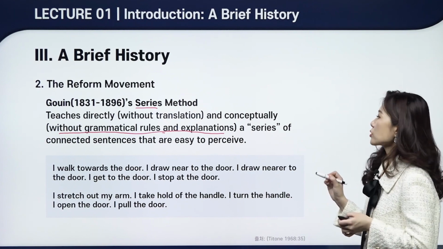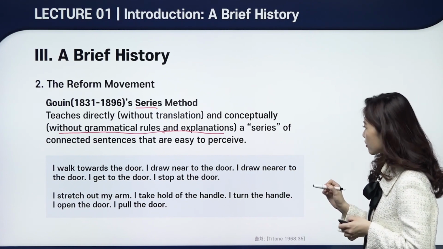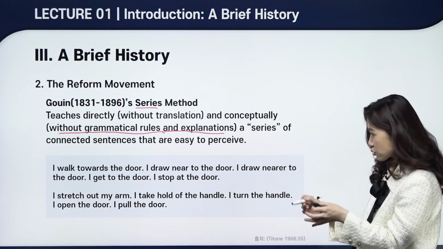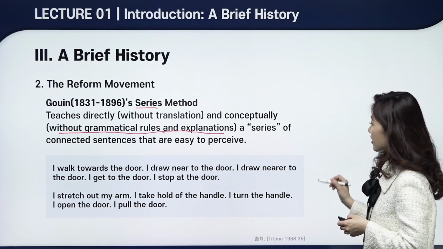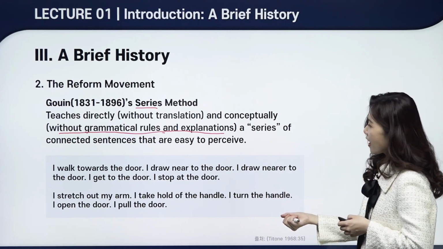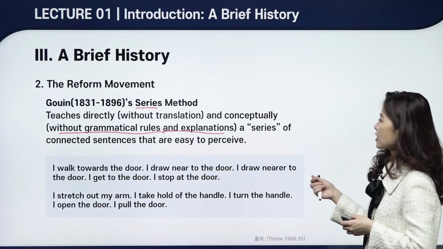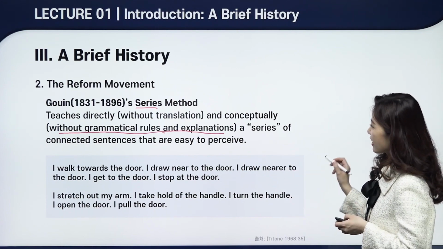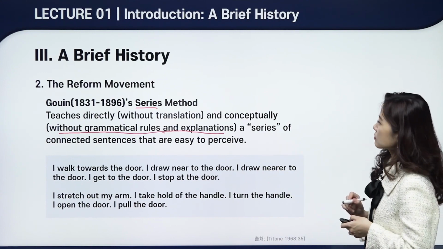I walk towards the door. I draw near to the door. I draw nearer to the door. I get to the door. I stop at the door. I stretch out my arm, I take hold of the handle, I turn the handle, I open the door, I pull the door. You see how these different actions are taking place in a series or in a particular order?